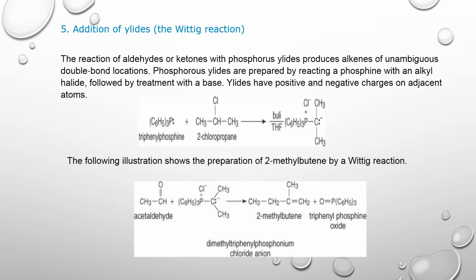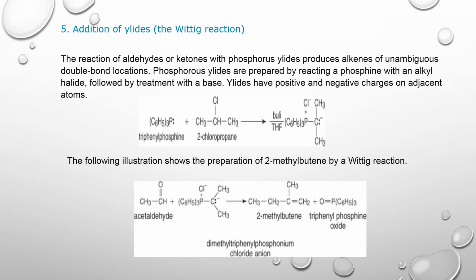Now let us move on to the addition of ylides. The addition of ylides means the Wittig reaction. The reaction of aldehydes or ketones with phosphorus ylides produces alkenes with the double bond in a defined location. Phosphorus ylides are prepared by reacting phosphine with alkyl halides.